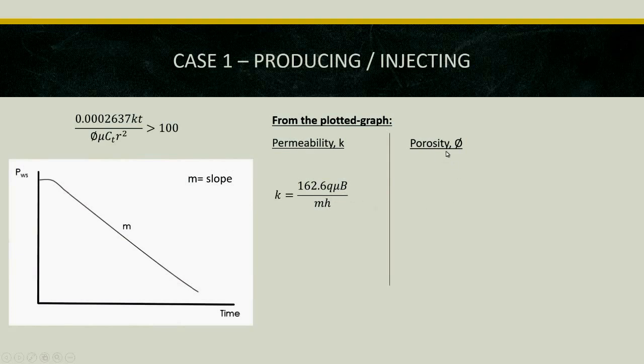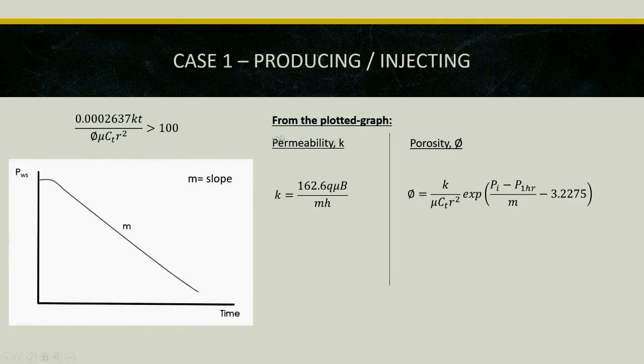For porosity, we use the formula porosity equal to K, permeability, over mu, the viscosity, times Ct, total compressibility, times R square, exponential of Pi, which stands for initial pressure, minus P1 hour, the pressure at time 1 hour, over m, the slope of the graph, minus 3.2275.